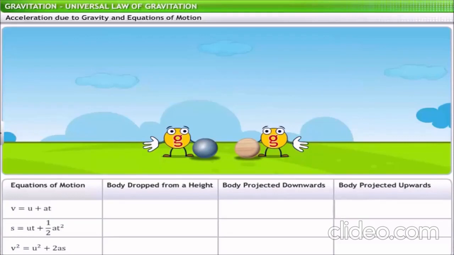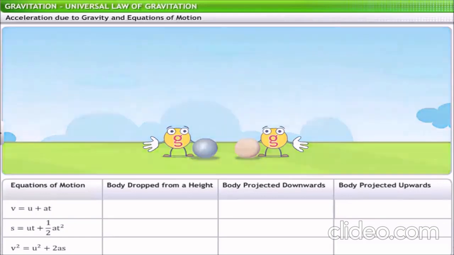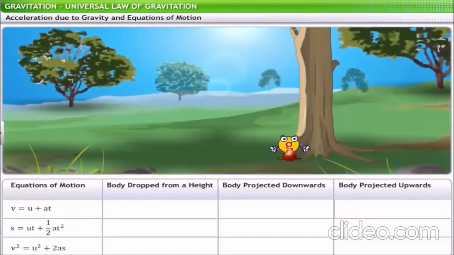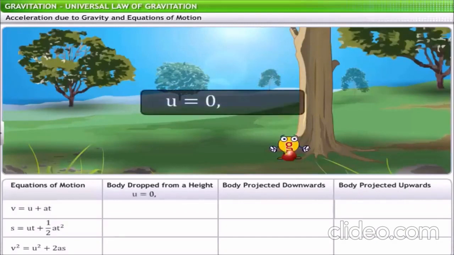Now let us observe how these equations of motion are modified for freely falling bodies in all three cases. The first one is the case where a body drops from a certain height. Here, the initial velocity of the body u is 0. The acceleration of the body a is the acceleration due to gravity g.